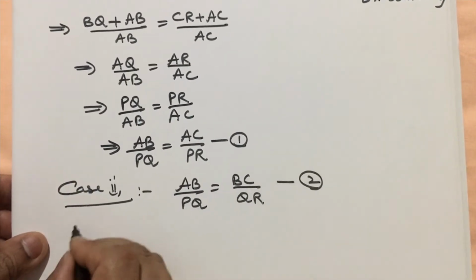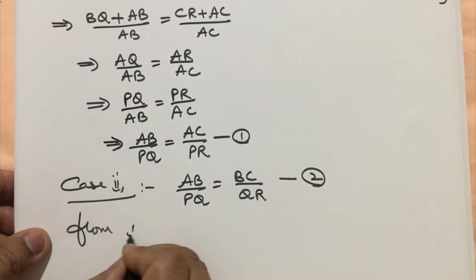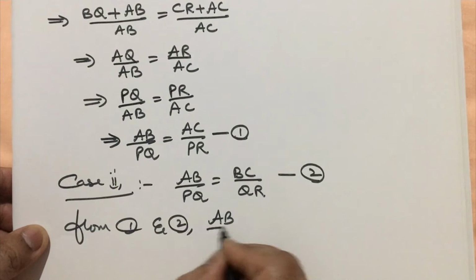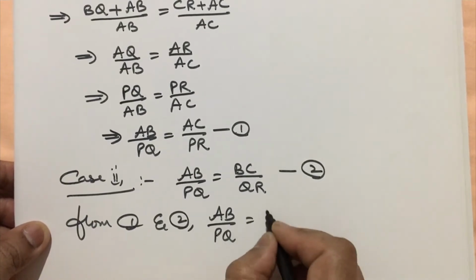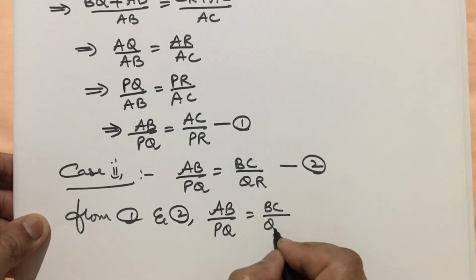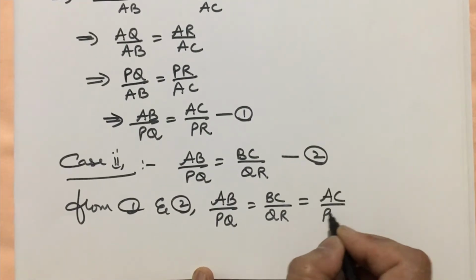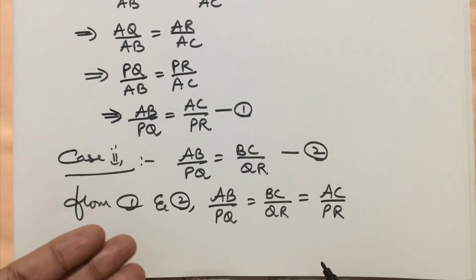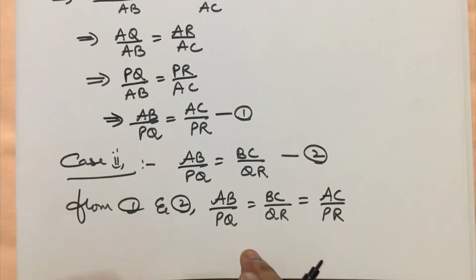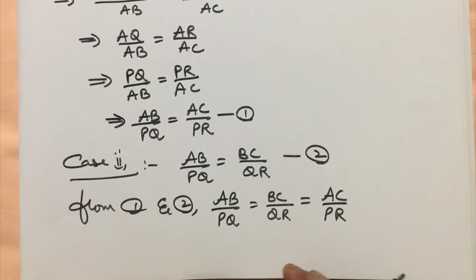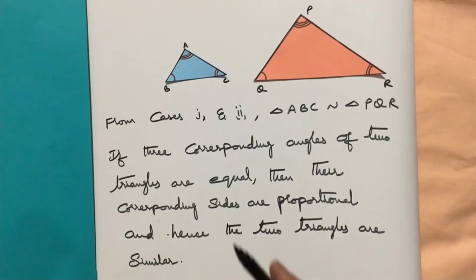So from equations 1 and 2, what can we say? You can write AB by PQ is equal to BC by QR is equal to AC by PR. So what we observed here is that all three sides of one triangle are proportional to the corresponding three sides of the other triangle PQR.